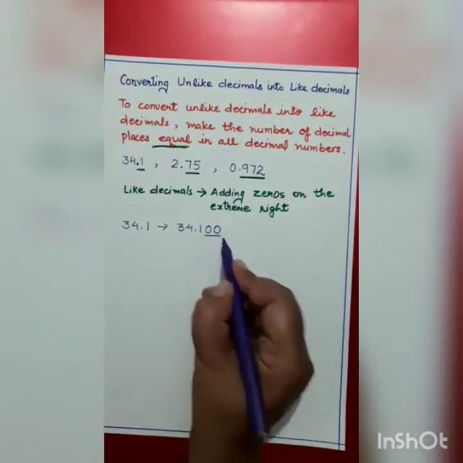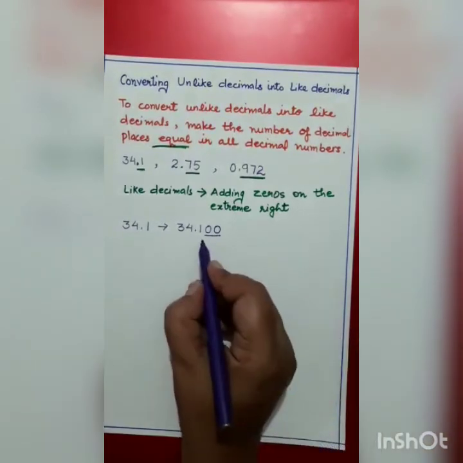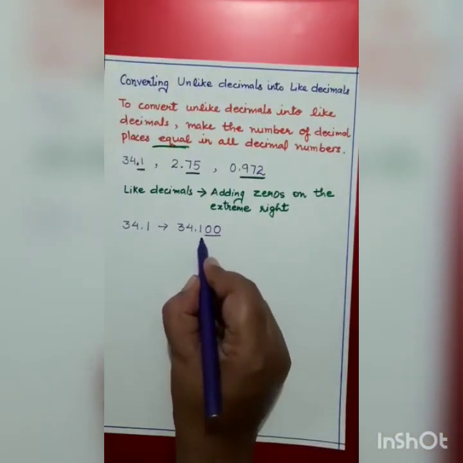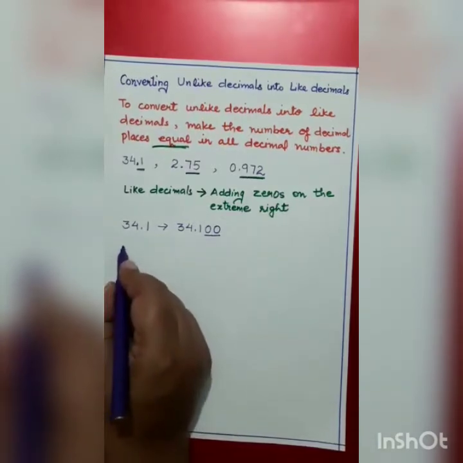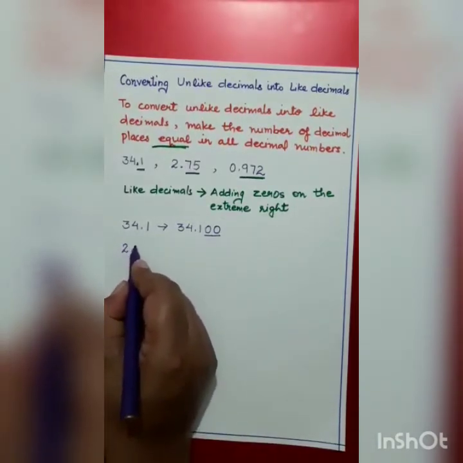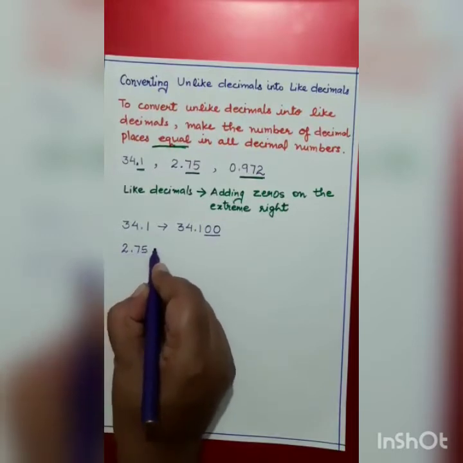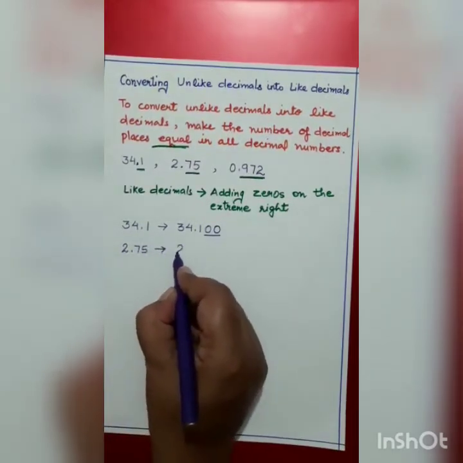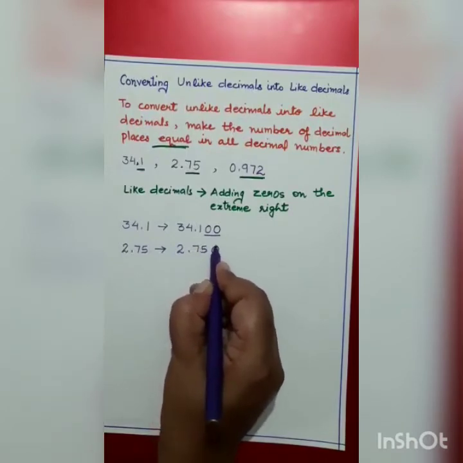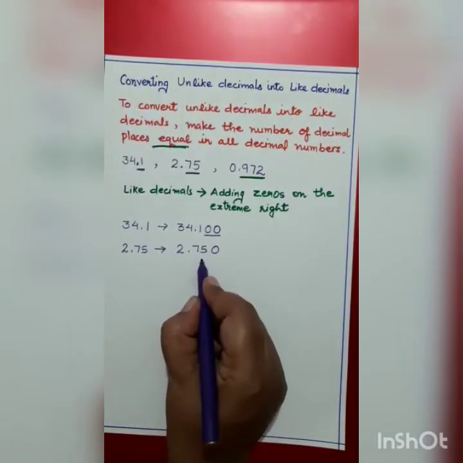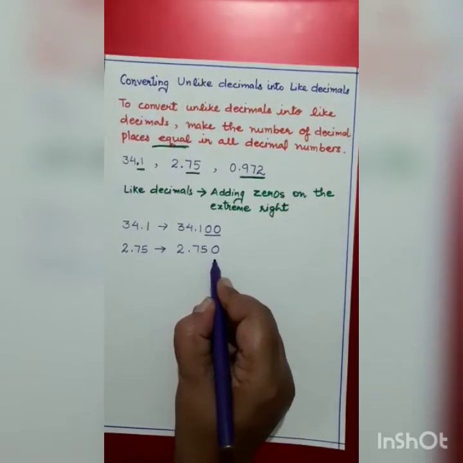We have to add two zeros to make it three decimal places. In the same way, in 2.75, we have to add only one zero to make it three decimal places.